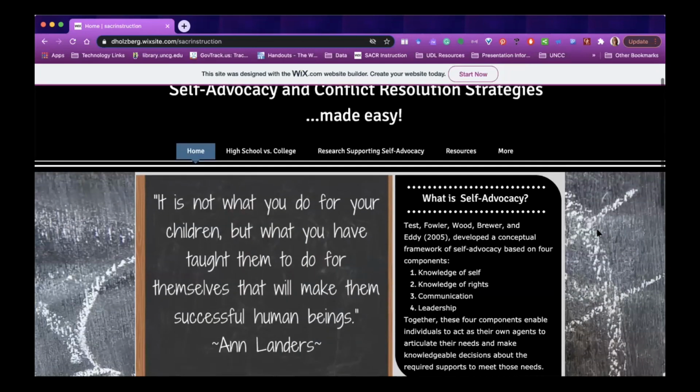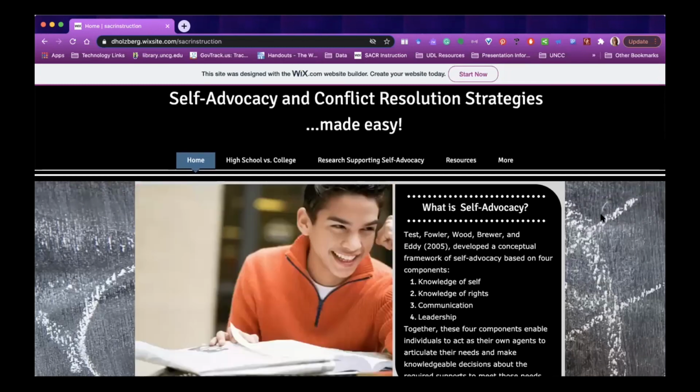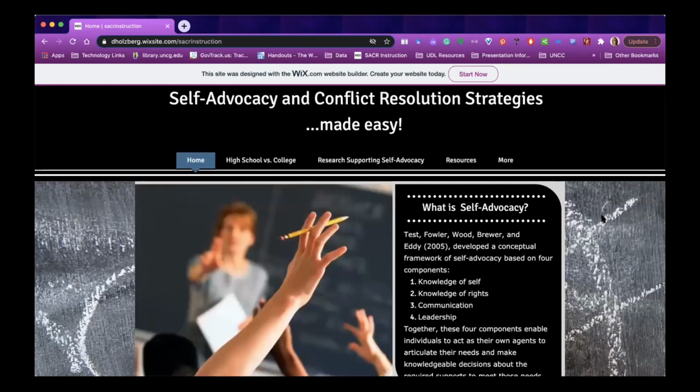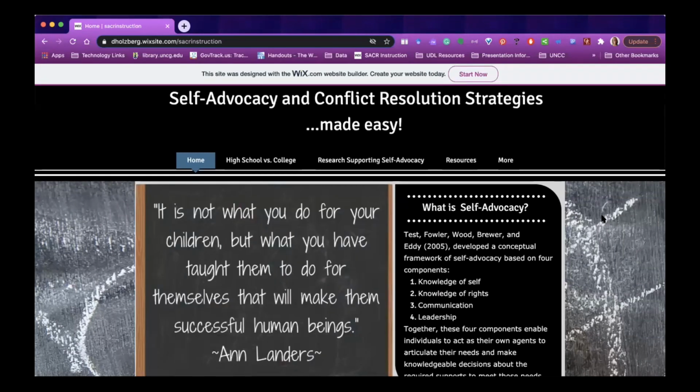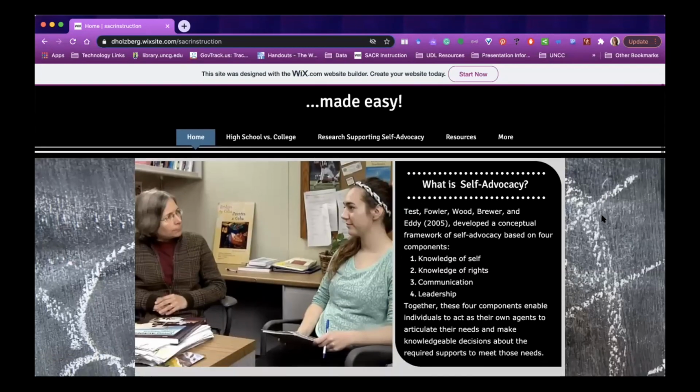We want to make sure we're doing those things. But the reality is that doesn't always happen. And we are getting students in college who do not have these skills for a lot of reasons. Sometimes they've been taught, but they're not using them. We just want to make sure that we drive home the importance of using these strategies and skills so students can have the best chance at being successful in their post-secondary educational settings.